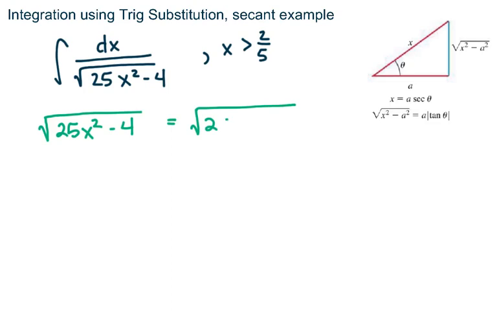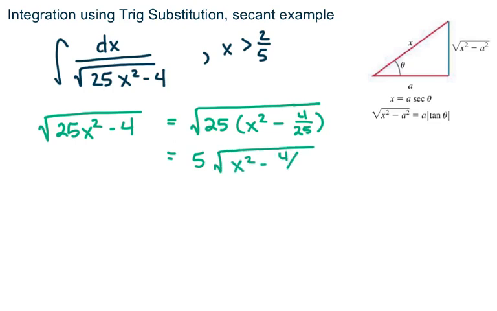So I'm going to factor out the GCF, and that leaves me with x squared minus, if I factor 25 out of 4, that gives me 4 over 25. I can take the square root of that 25, and I've got 5 square root of x squared minus 4 over 25. Now, keep in mind, this value needs to be a constant squared. So the root of 4 would be 2, and the root of 25 would be 5.